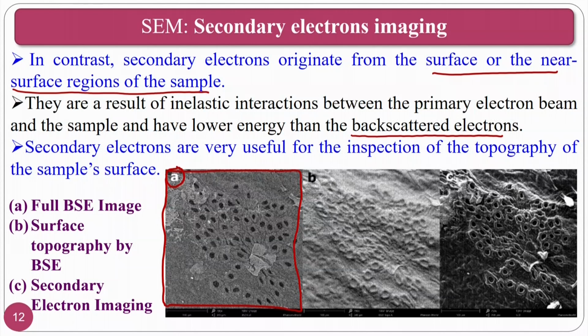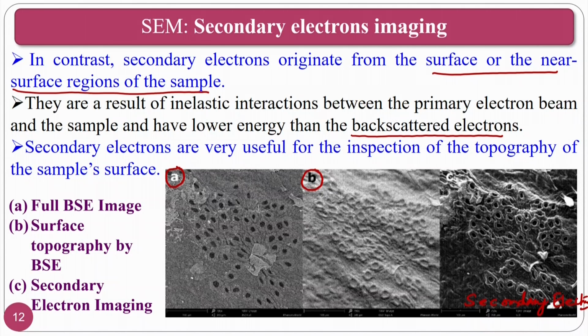If I convert this full backscattered image surface topographically, the final image that I am going to get is this one, that is B. But if I locate the same area and take the image from the same area using secondary electrons, this is the topography. You can clearly differentiate between the pictures A, B and C.